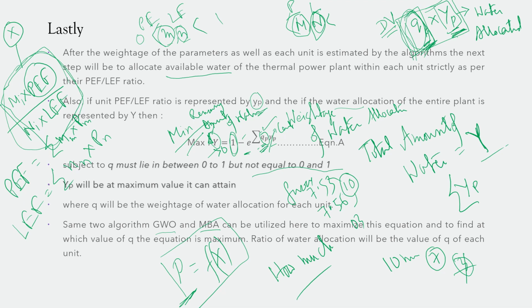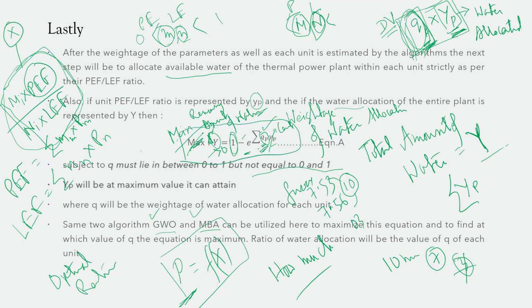So here it is. This is the video walkthrough of our sixth internship program, where we have used this GWO and MBA two times. First, for determining the importance of each unit of a power plant in increasing the profitability of the power plant, and then, based on that, how water is to be allocated, that golden ratio or optimal ratio we have determined with the help of this equation.